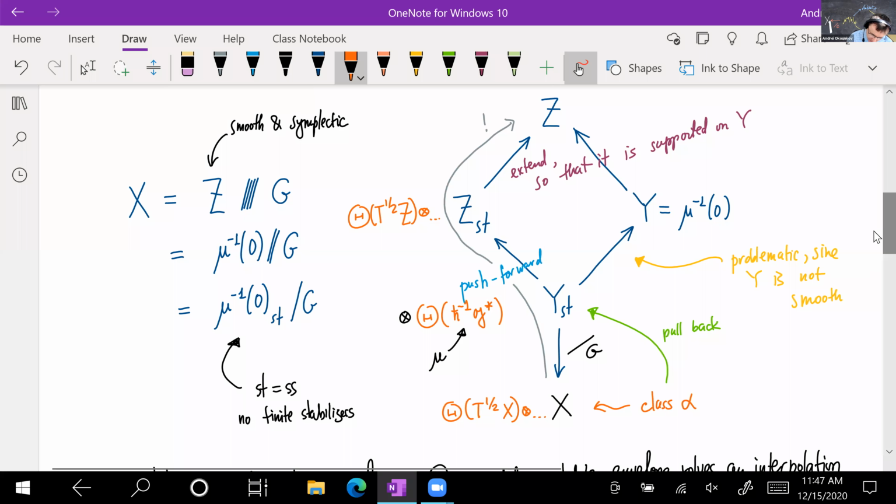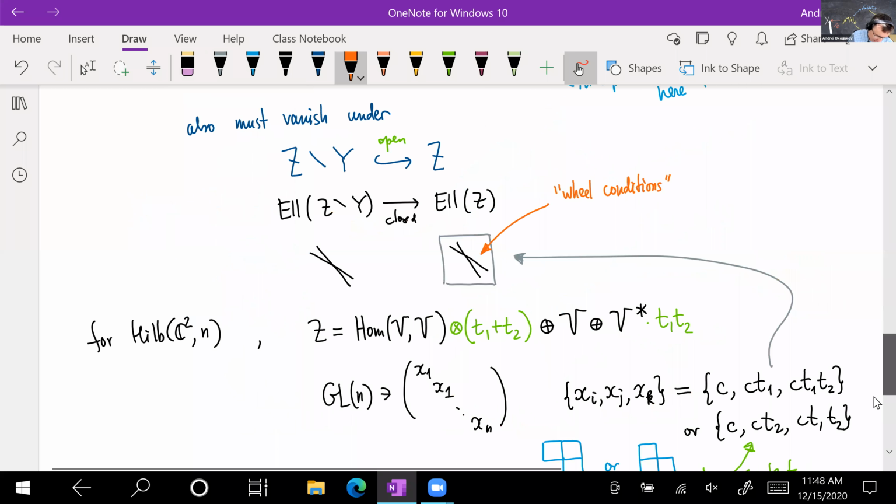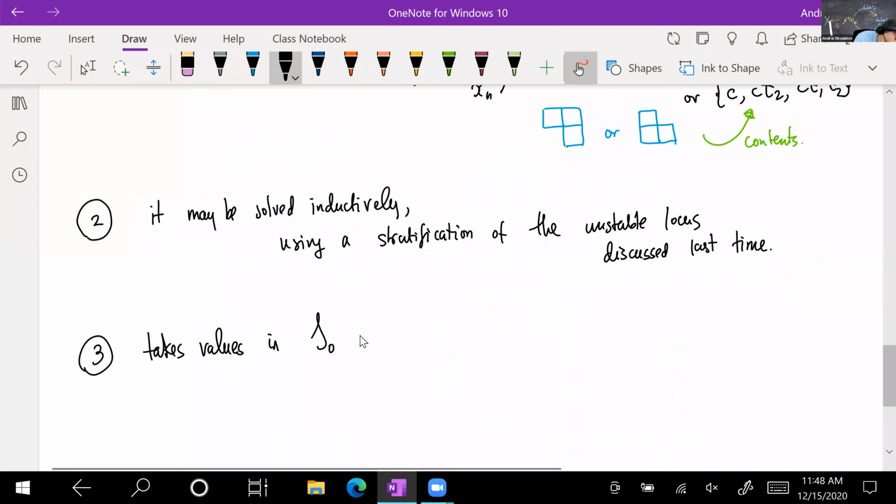So then it takes values, just like the abelian envelope, in S naught, which is the polarization of Z times something of degree 0.